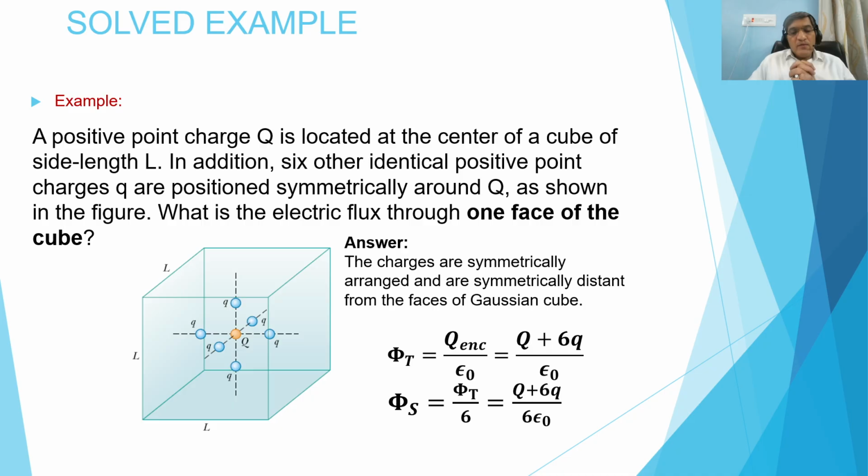So phi s, the electric flux through one face of the cube, is Q plus 6q upon 6 epsilon naught. We have a very simple mathematical calculation, and very easily we may find the answer.